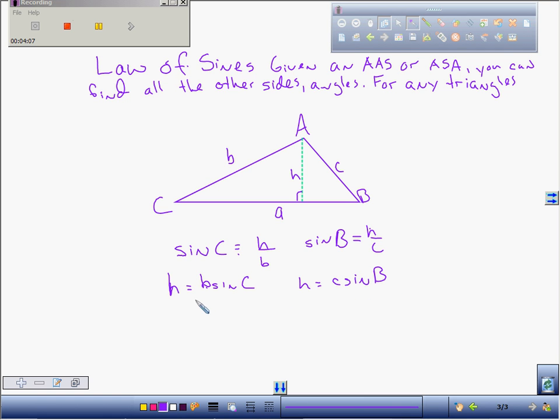Now using a little algebra, since this is equal to h and this is equal to h, what can I say about this and this? They're the same. So I could say that b sine C equals c sine B. And then I could divide both sides by b and c. Why would I want to do that? I'll show you.